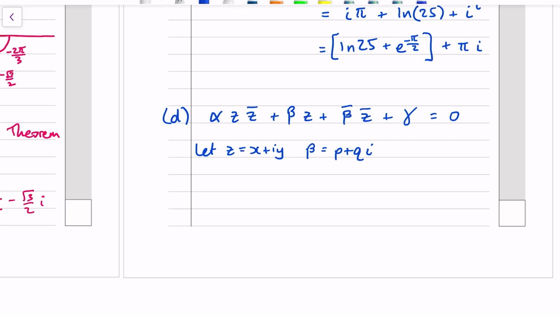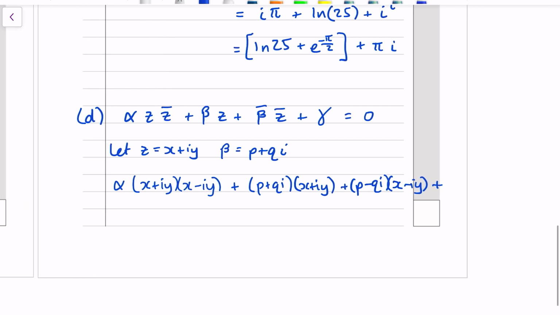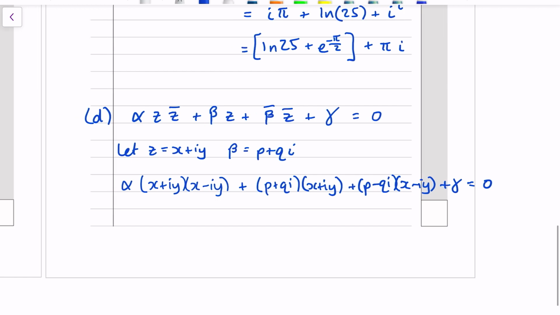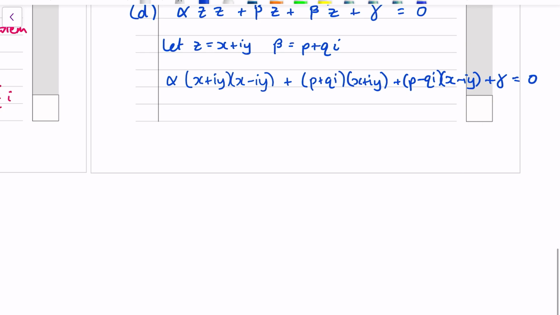Okay, so if we substitute in, we've got alpha multiplied by x plus iy times x minus iy, plus p plus qi multiplied by x plus iy, plus p minus qi times x minus iy, and lastly gamma equals 0. If you're writing this in your exam, you're not allowed to go into the margins, so apologies for that.